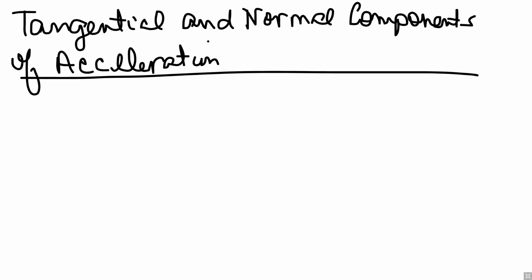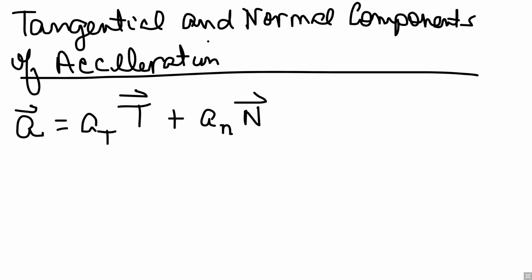The next one is taking a look at how to rewrite the acceleration vector in terms of the unit tangent and the unit normal. Okay, so acceleration can be written as a sub t times the unit tangent plus a sub n times the unit normal.